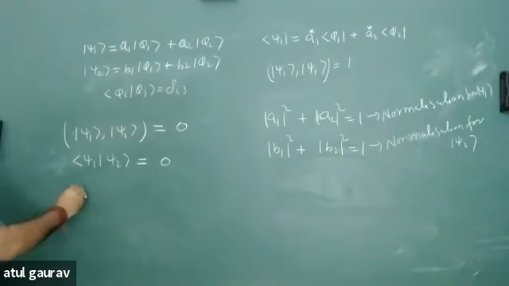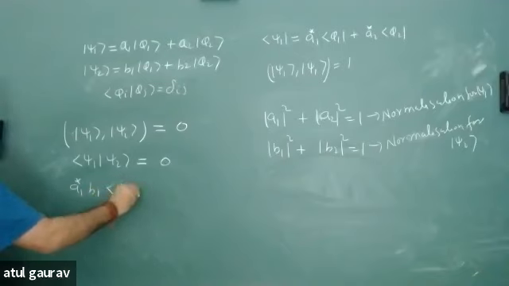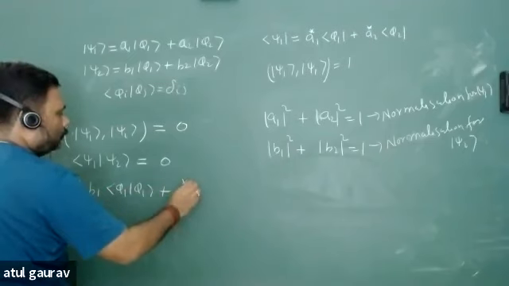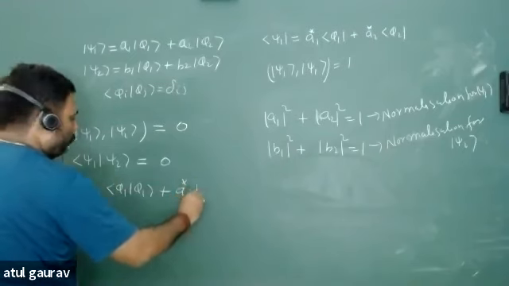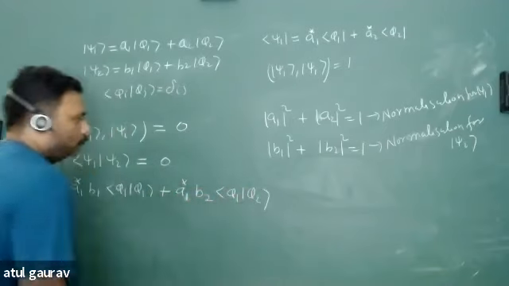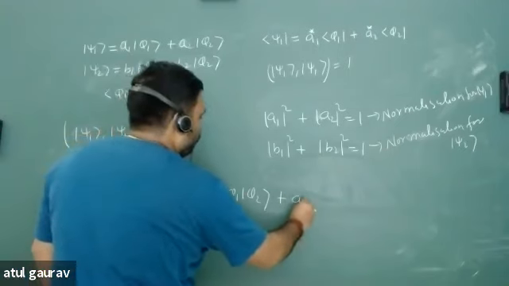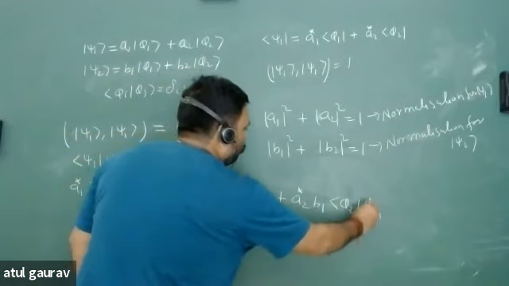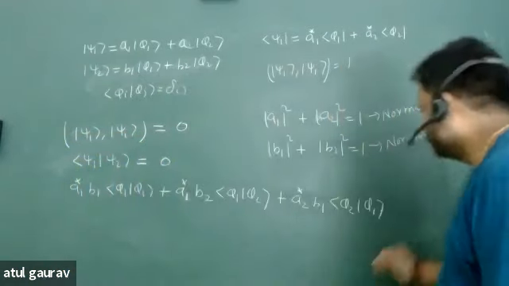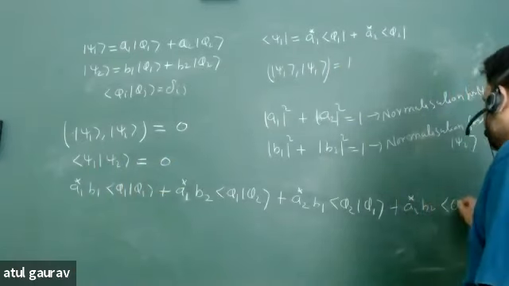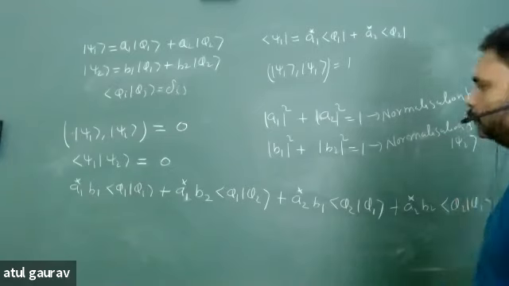So the first term is A1 star B1 phi 1 phi 1. The second term is A1 star B2 phi 1 phi 2. The third term is A2 star B1 phi 2 phi 1. And last but not the least, that will be A2 star B2 phi 2 phi 2.